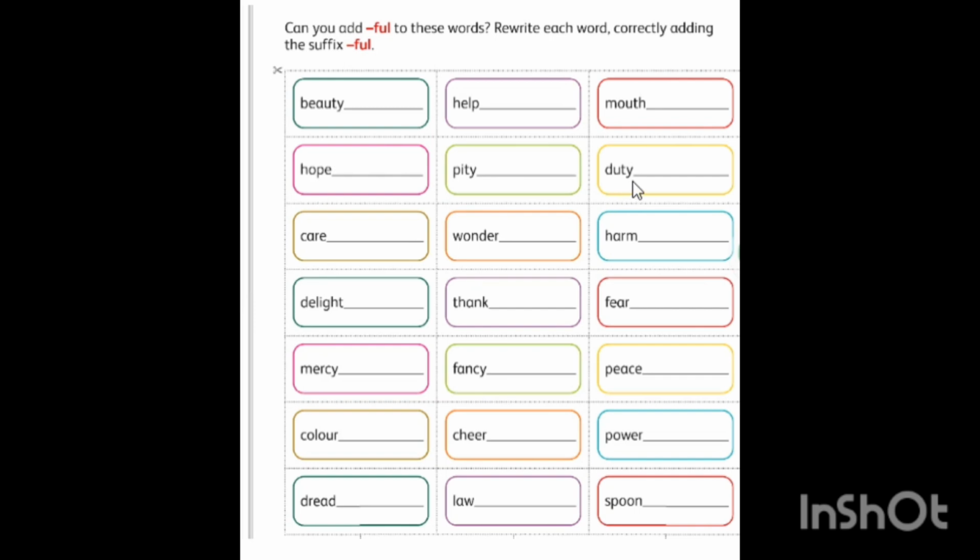I want to change the noun duty into an adjective, and it ends with Y again. Care. What is the meaning of care of something? You mean that you feel this something is very important for you, so you must care of it. Wonder, wonder means ask. Harm, something bad for you.